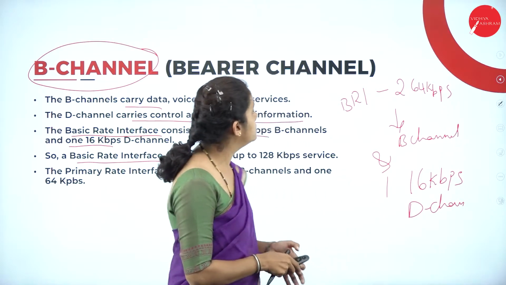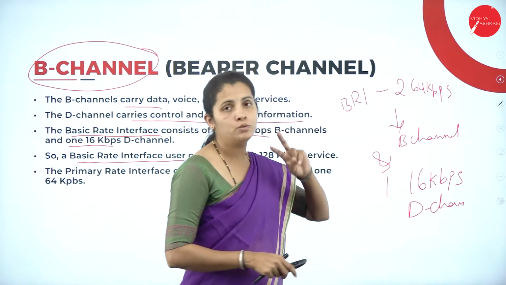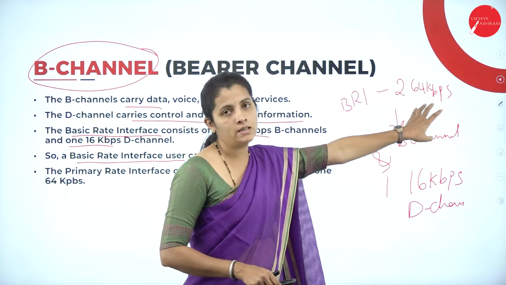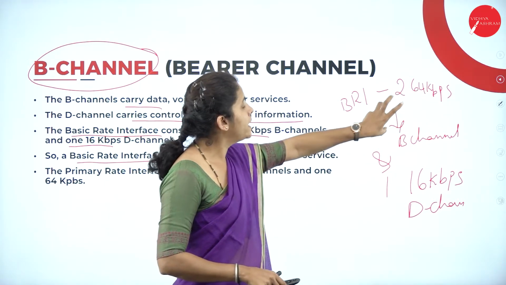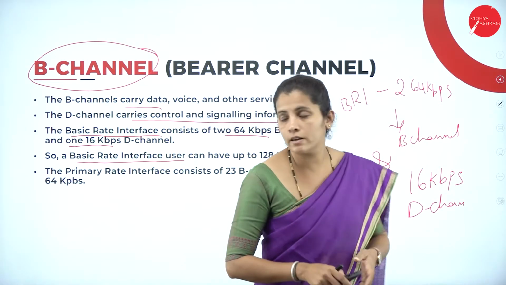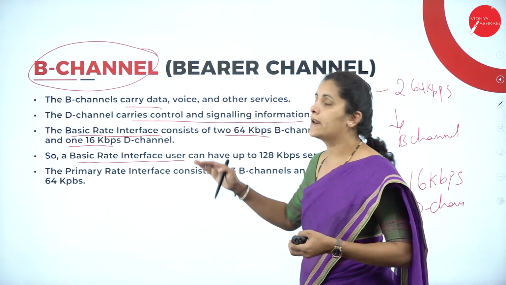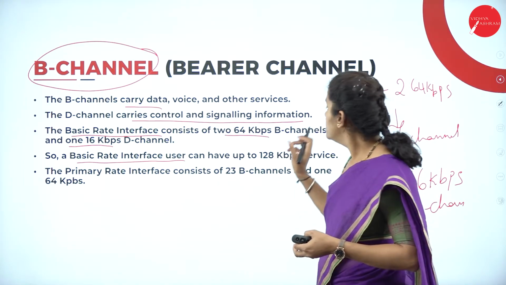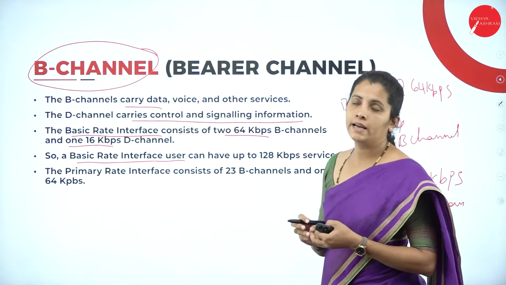So here the BRI uses two 64 kilobits per second channels. By using these two 64 kilobits per second channels, the user can have up to 128 kilobits per second service.